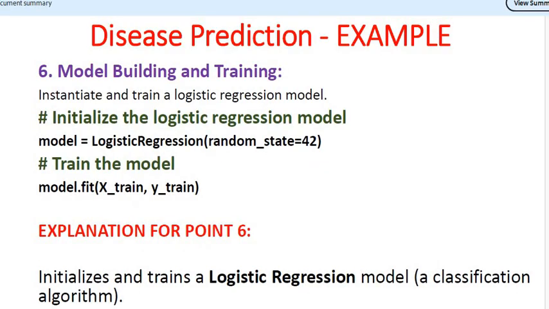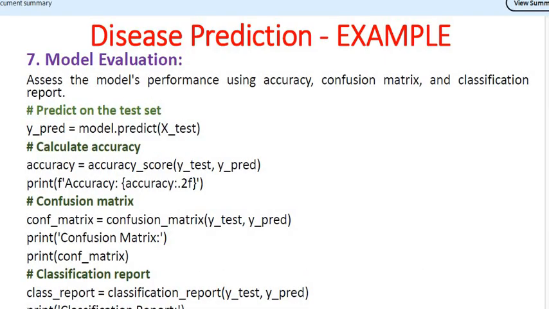Okay. And finally, model building and training. We are going to build the model using any algorithm. Here they are using the logistic regression algorithm, right? And we are going to train that particular model. Based on the training, we are going to evaluate the accuracy, confusion matrix, and classification report.